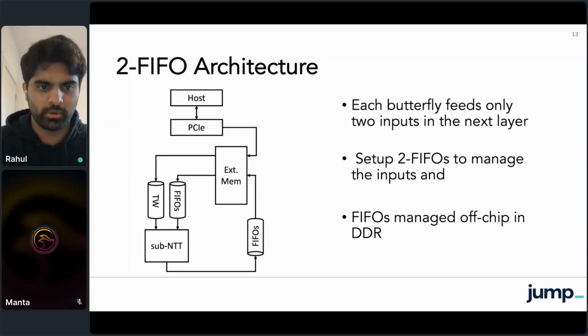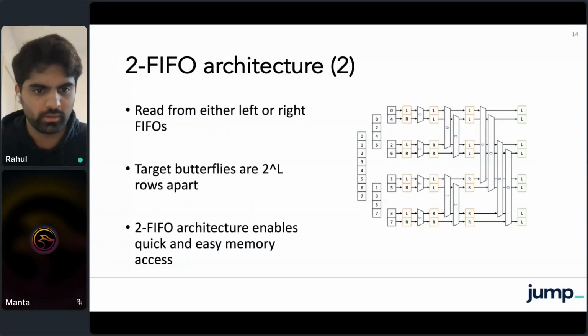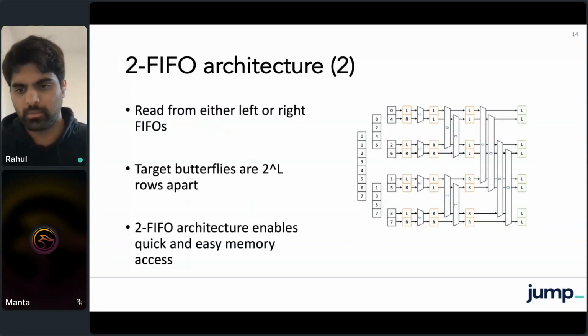Let me go into a bit more detail on what this 2 FIFO architecture looks like. The diagram on the right demonstrates a really simple example with a size 8 NTT. You can imagine you have the values indexed from 0 to 7, and after you recursively break down these inputs, you have 0 and 4, 2 and 6, 1 and 5, and 3 and 7.